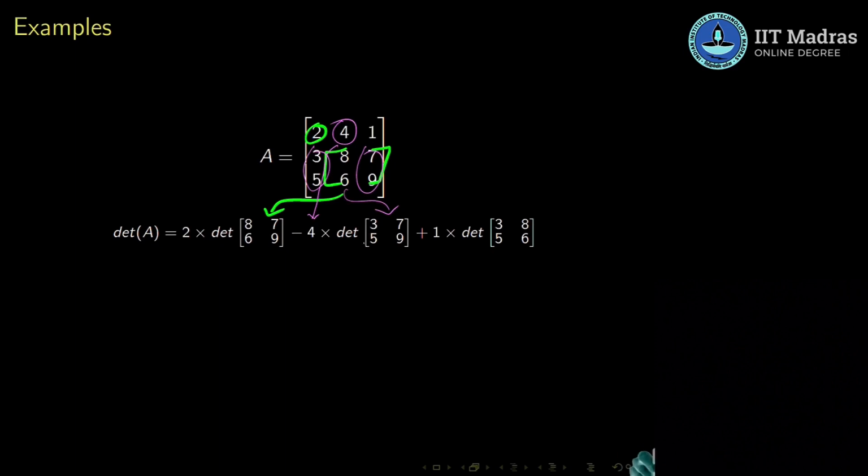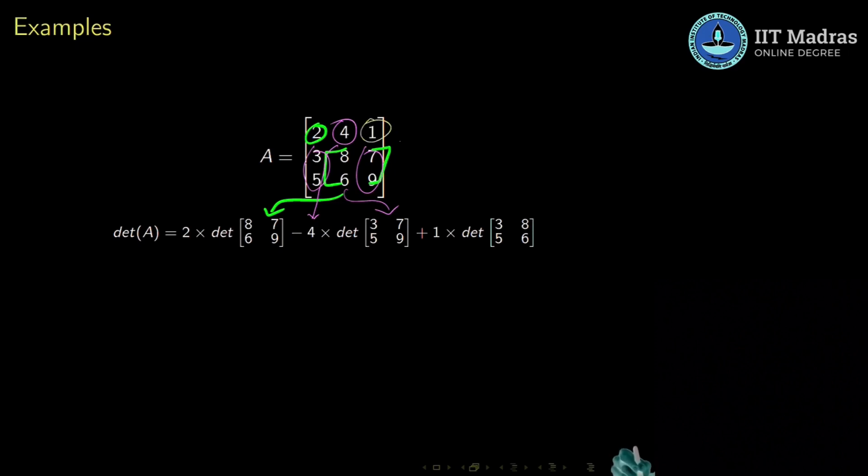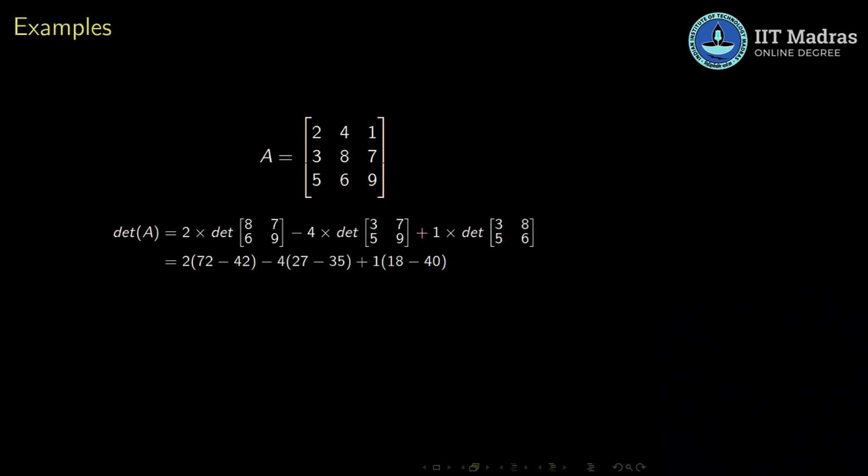You take its determinant, multiply them, and then plus the third term, which is you take this 1 here and then take the matrix left out, which is 3 5 8 6, after you drop everything else in the corresponding row and column of the 1, right. And now we know how to compute determinants of 2 by 2 matrices. So, from there we will be able to compute this determinant. So, let us complete the calculation.